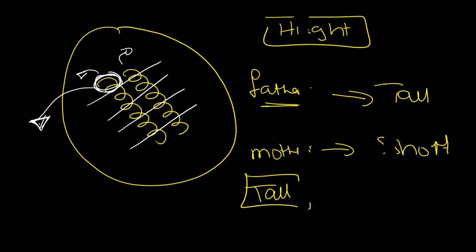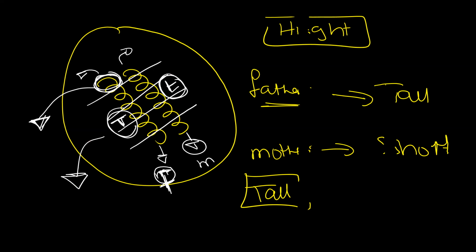For example, this chromosome that you inherited from your mother carries the gene that says that you will be short. And you inherited another chromosome from the father that says that you will be tall. One gene from the father says that you will be tall, another gene from your mother says that you will be short. And scientists, in order to study the genes, give them letters.